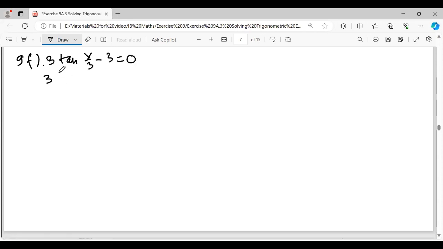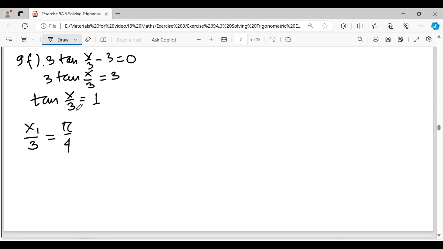We may change this equation to 3 tangent x over 3 equals 3, so tangent x over 3 equals 1 because 3 divided by 3. It means x1 over 3 equals pi over 4, because tangent 45 equals 1. So times 3, it is 3 pi over 4.